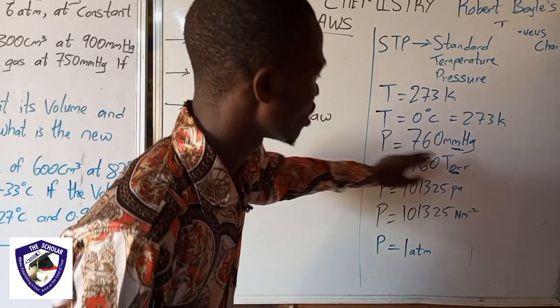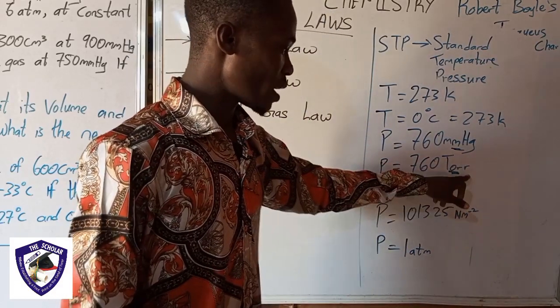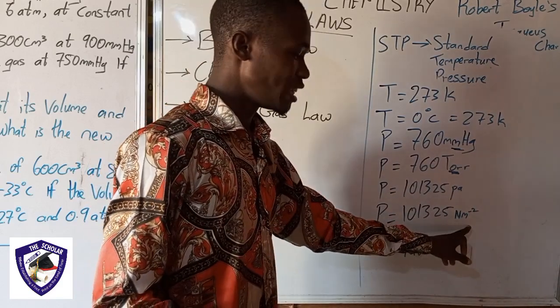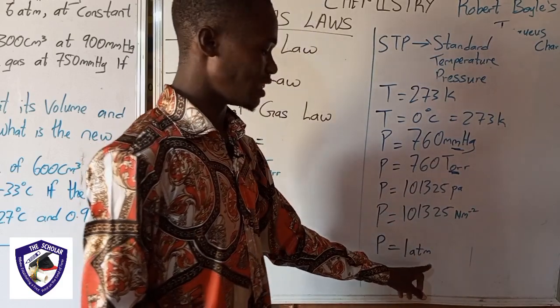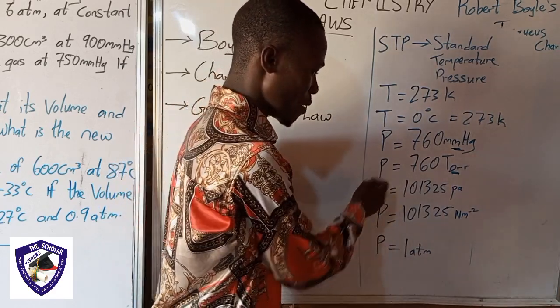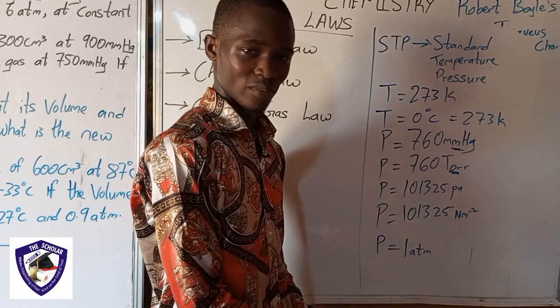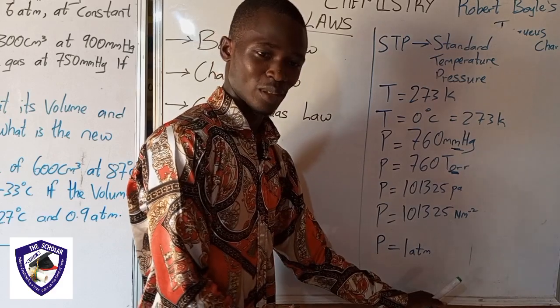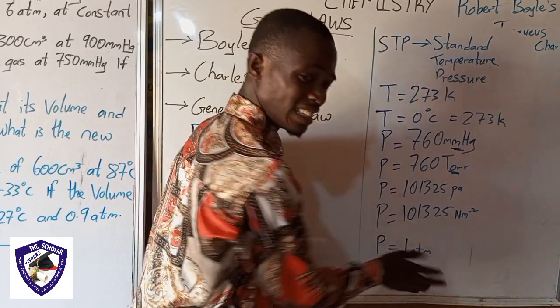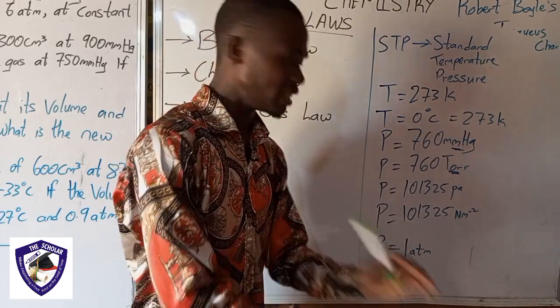So pressure is measured in millimeter mercury, torr, pascal, Newton per meter square, and also atm. Because you might have a question where pressure is given as 1 atm, which means the question is telling you to solve in atm and leave your answer in atm.